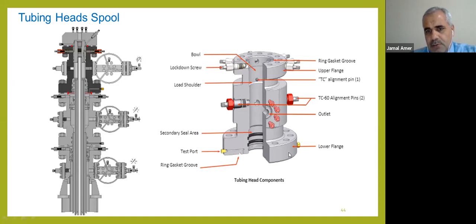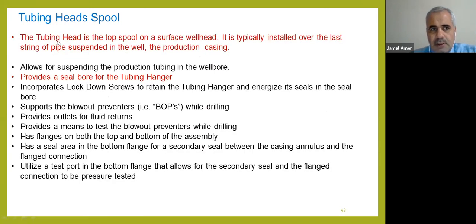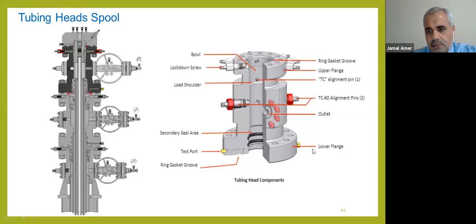We have an outlet to monitor pressures, and a test port to apply the test pressure and confirm that the seals are holding pressure okay and have not failed. We have the same ring gasket here.